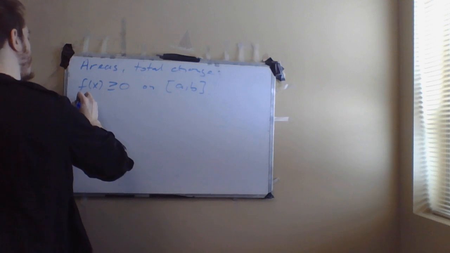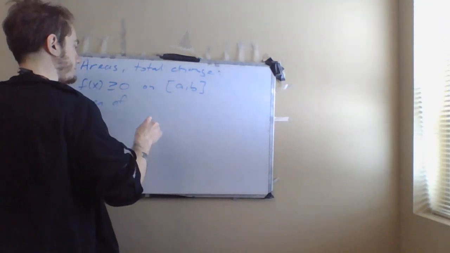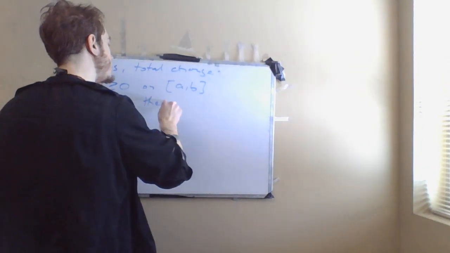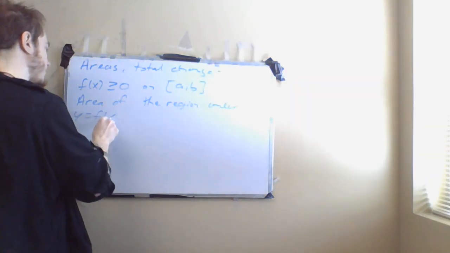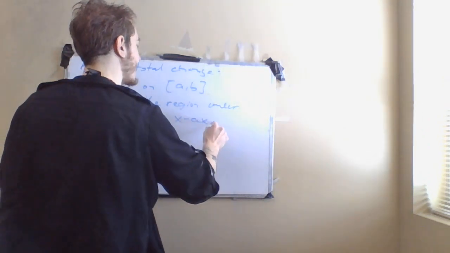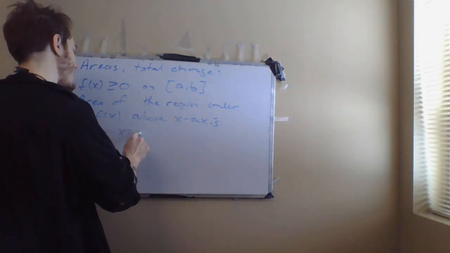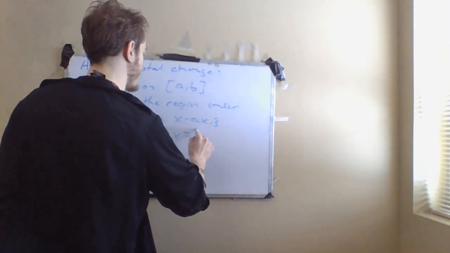And we want to think about what is the area of the region under y equals f of x above the x-axis from x equals a to x equals b.